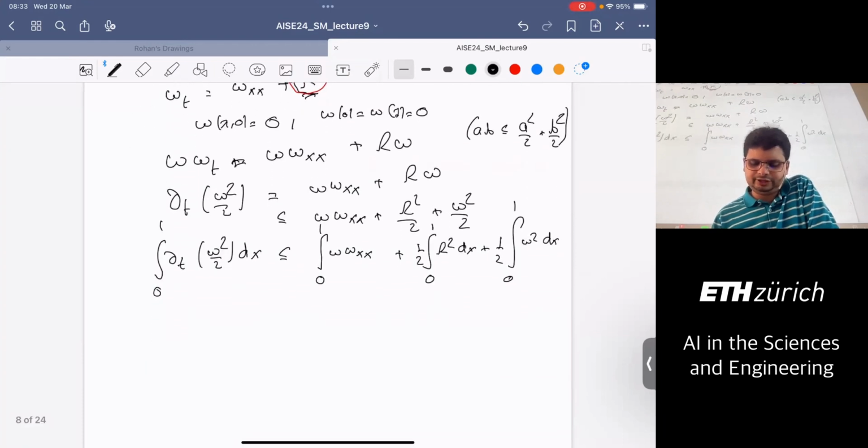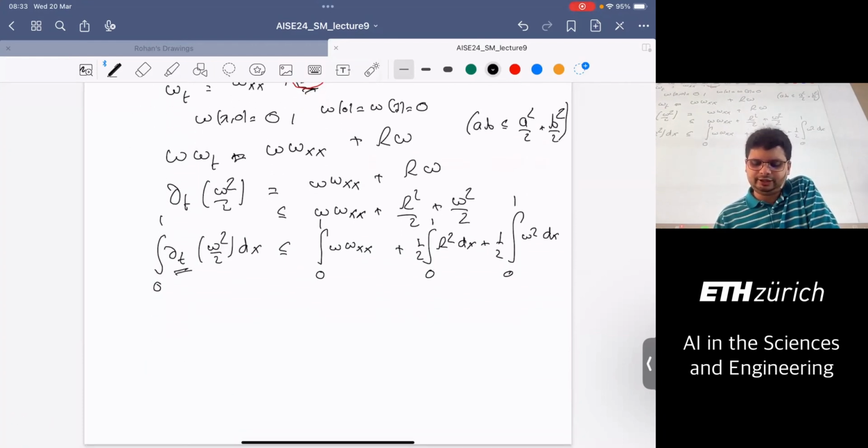So now it's very simple. As you can see, this is a derivative in time and the integral is over space, right? So you can just flip them.